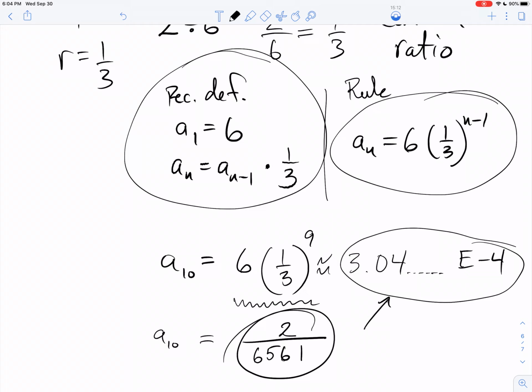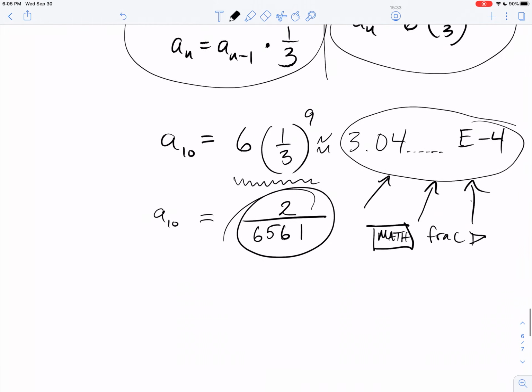So let me just show you. If your calculator gives you one of these weird super decimals and you go to Math Frac, remember, under the Math menu on your calculator, one of your choices is Frac, and it's supposed to take your answer and change it into a fraction. If it won't do that, that just means you got to be smarter than a calculator. And here's how you do it.